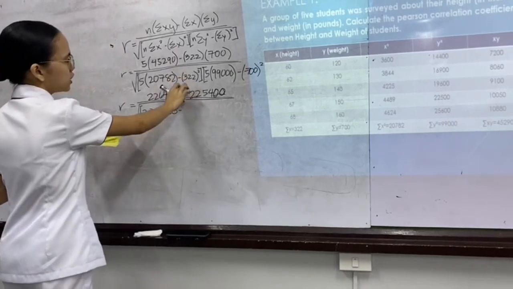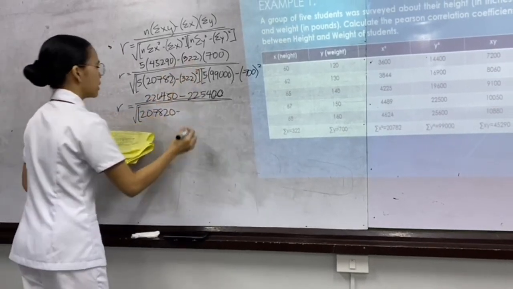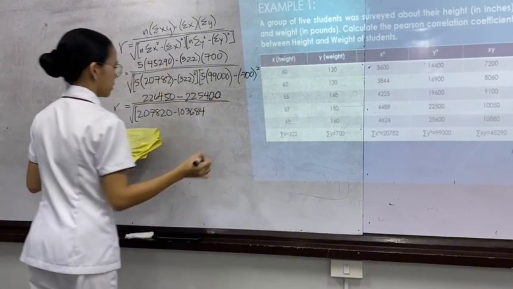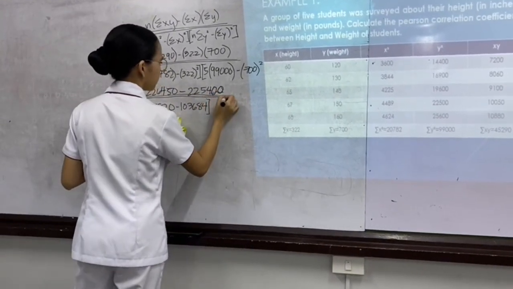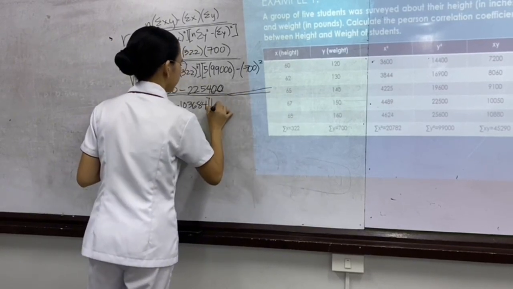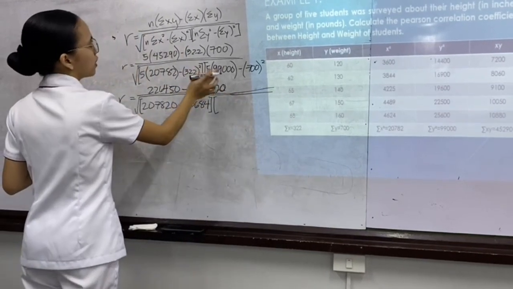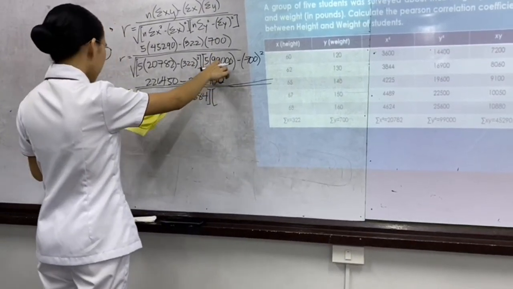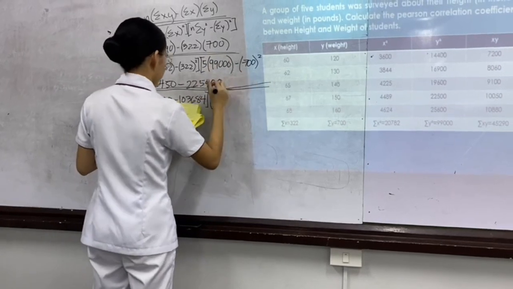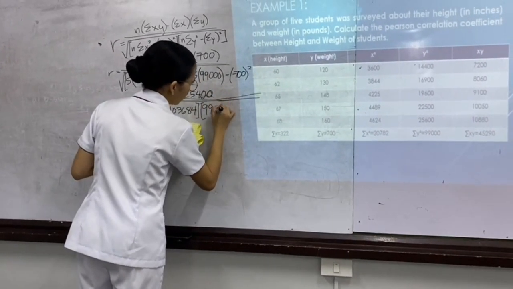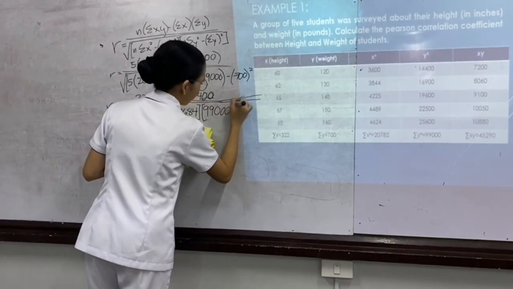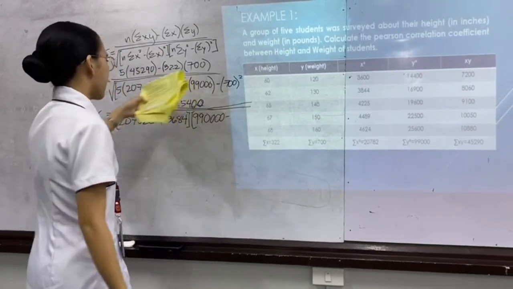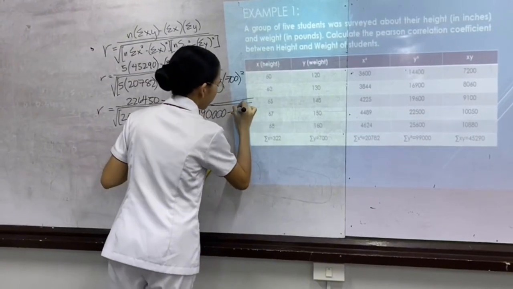And the result for 322 raised to the second power is 103,684. The result for 5 multiplied by 99,000 is 495,000. 700 raised to the second power is 490,000.